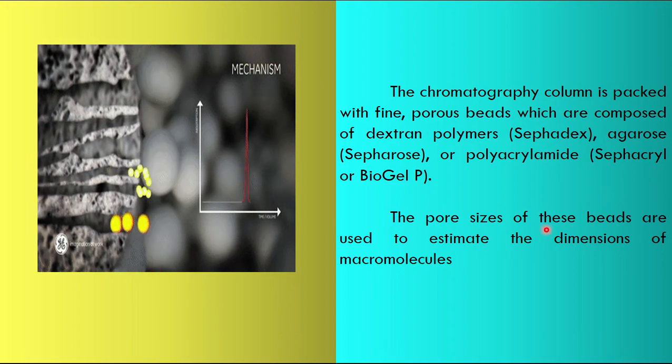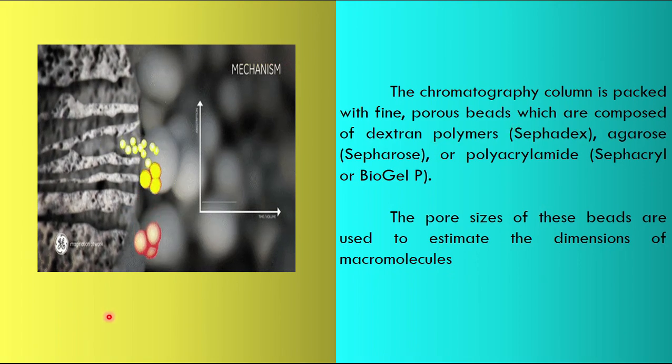The pore size of these beads is used to estimate the dimensions of macromolecules. So according to the analyte molecule sizes, the porous beads can be selected for the separation of the particles.